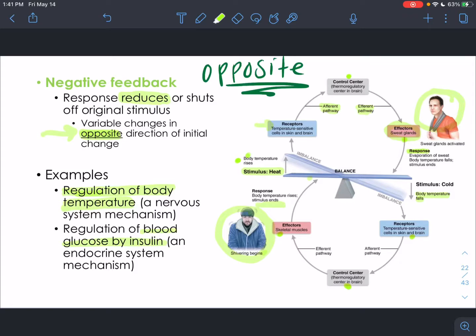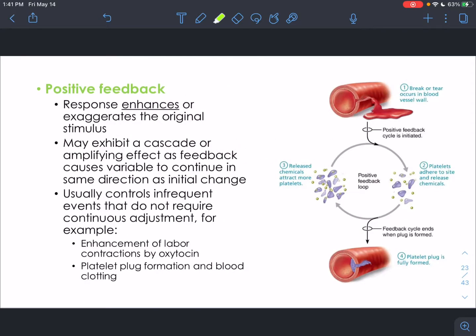The other type of feedback we have is positive feedback, which is going to enhance or exaggerate the original stimulus. Okay, most of the feedback we're going to see in the body is examples of negative. There's only a few instances where you'll see positive feedback. Okay, it says here it exhibits a cascade or amplifying effect. Okay, so it increases that original stimulus.